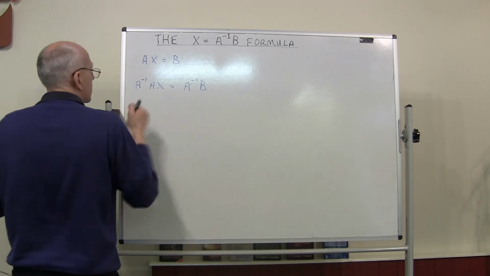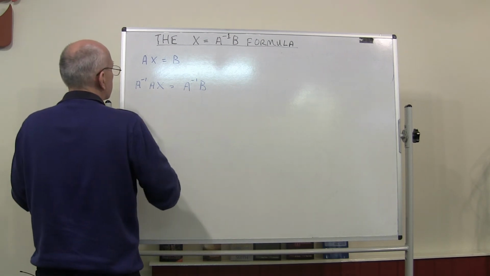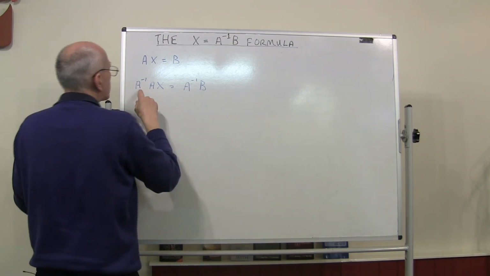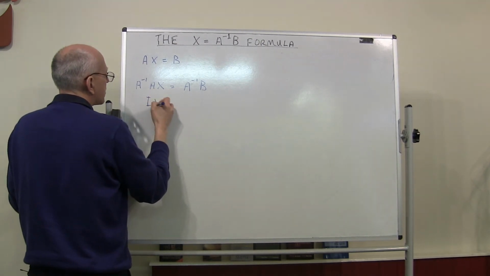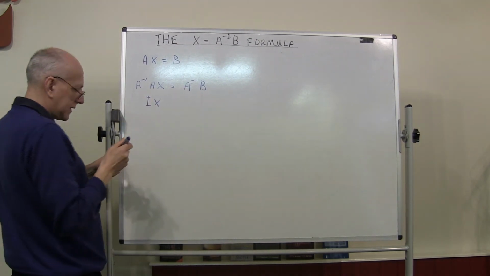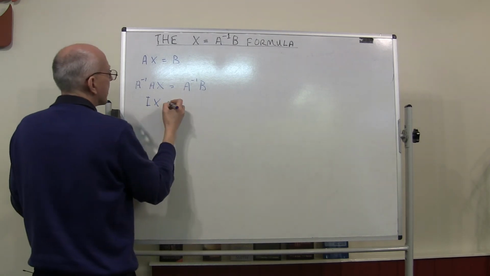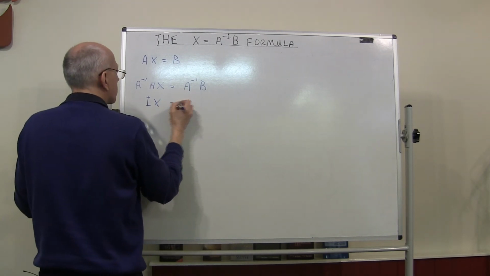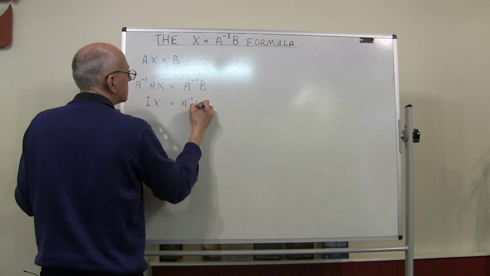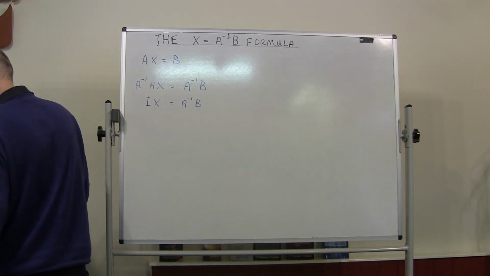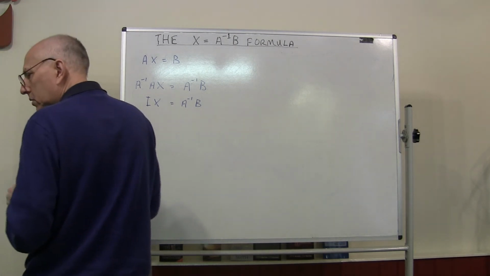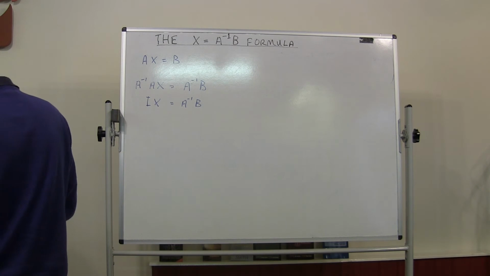Now, as we know, inverse times A gives me I. So I've now got I times X, the identity matrix, which we looked at earlier. So we've got this now. But if I multiply anything by I, it leaves it unaltered.